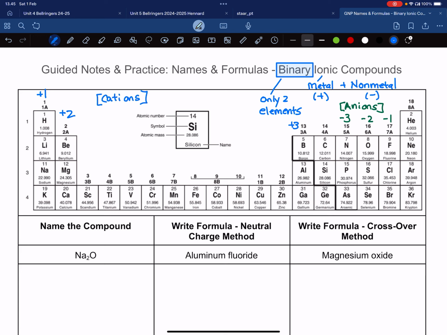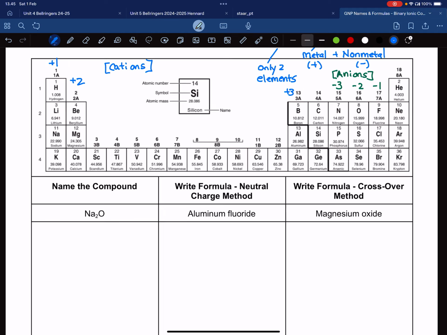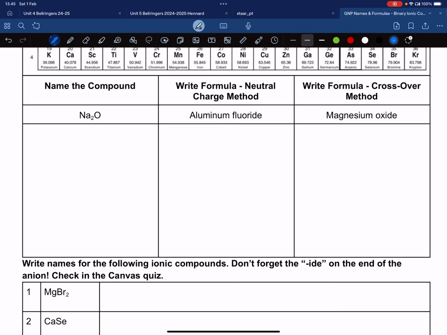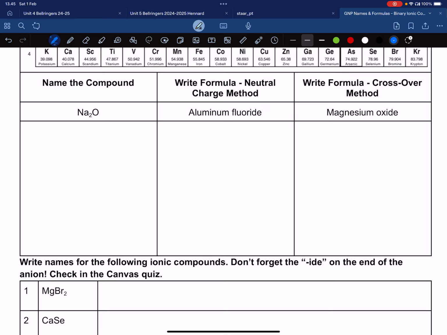All right, so naming binary ionic compounds is incredibly simple. You simply name the first element, then you name the second element with an ide ending.